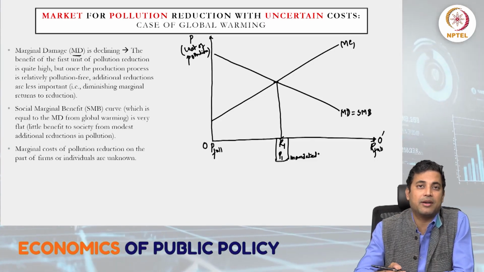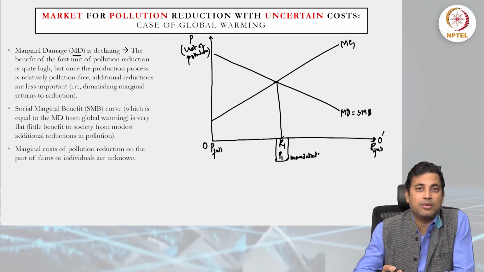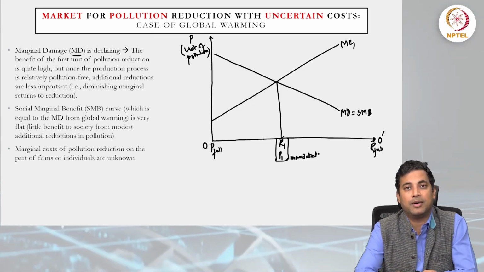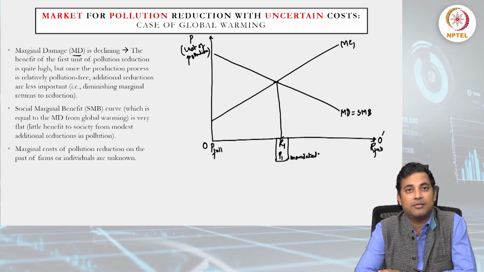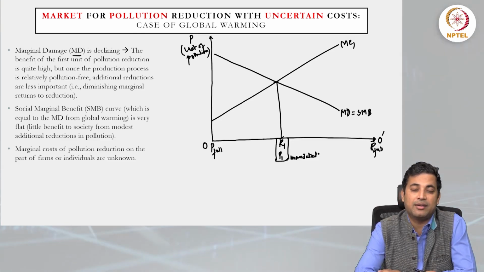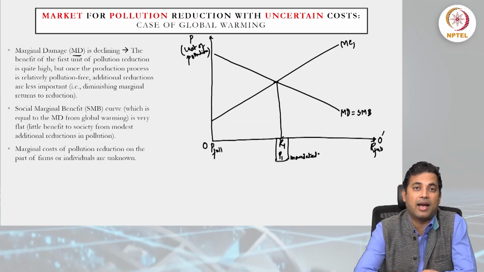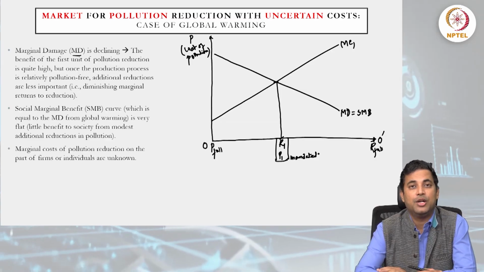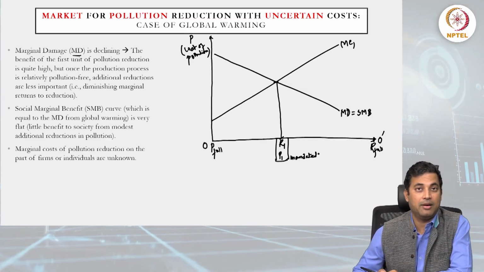For example, the current debate that we are having, and this is quite true during stubble burning time in India, especially post Diwali. That is one of the severe environmental hazards that we face, especially in the northern part of India, and especially in Delhi.